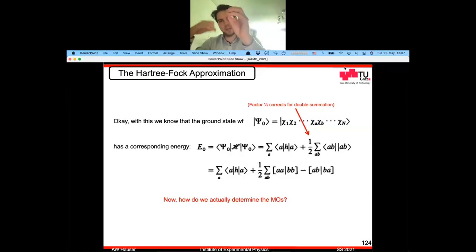So I don't need the term twice, therefore 1/2 if I do the full sum. This is the way of writing it in chemist notation. So far, this is all just giving names to things.